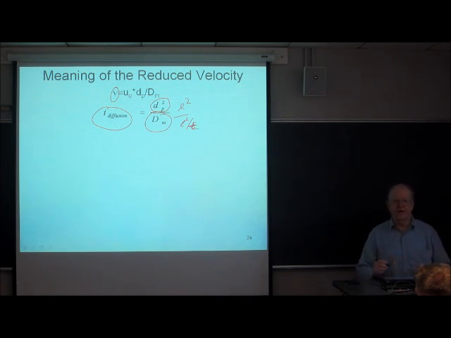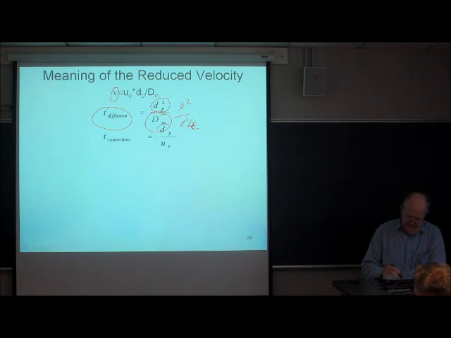That gives us an estimate of how long it will take for something to diffuse a distance dp. The time it takes for something to move by convection over a distance dp is dp divided by the average interstitial velocity.